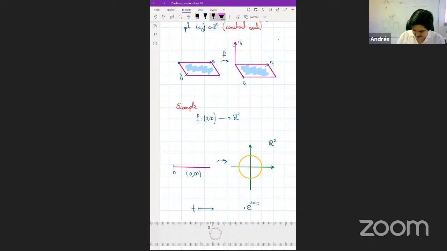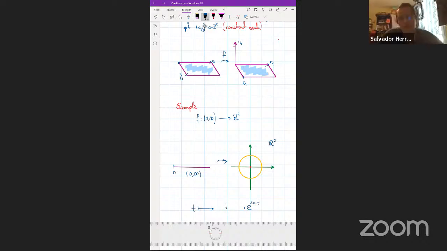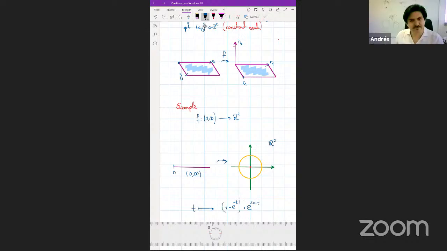1 minus e to the minus t, like this. Let's see. So this is e of t, right?